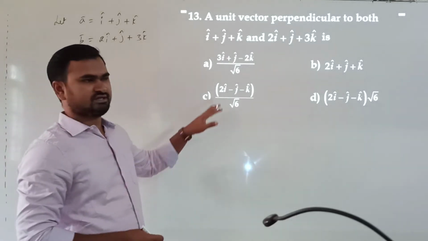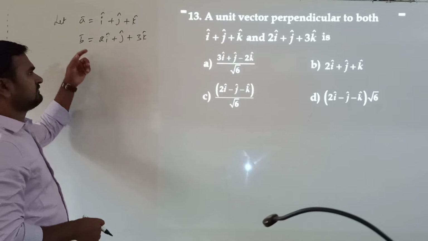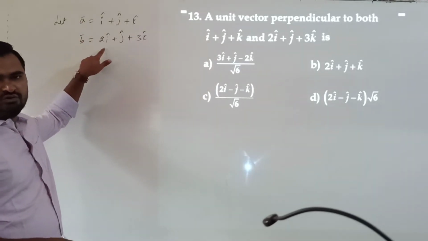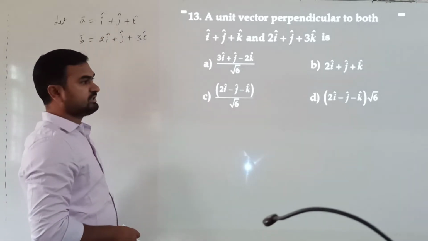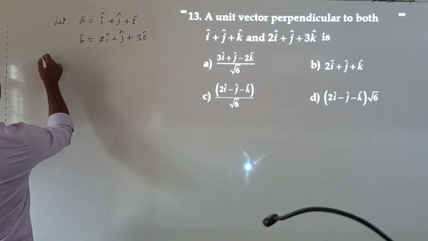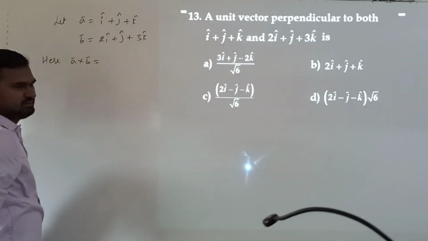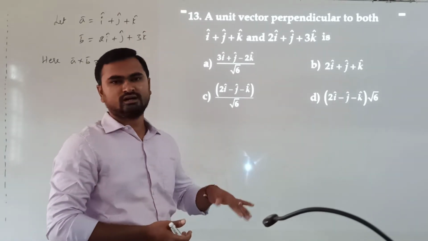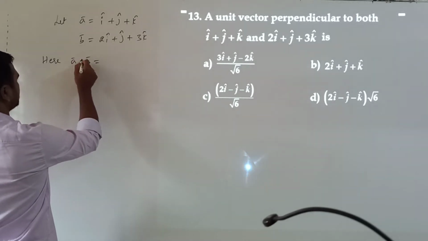Now for these two vectors, we need a unit vector perpendicular to both. First see which vector is perpendicular to both a bar and b bar. We know that a bar cross b bar is a vector perpendicular to both a bar and b bar. So first we will find a bar cross b bar, the vector which is perpendicular to both. So let us find a bar cross b bar.